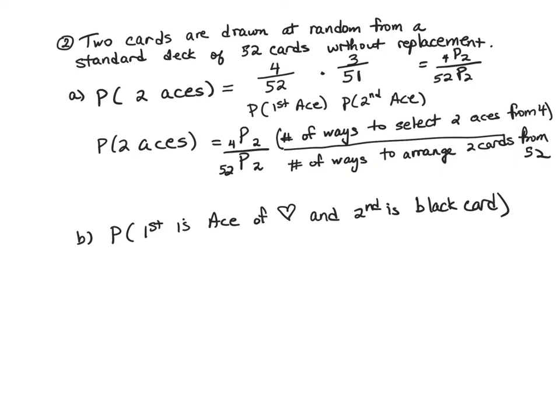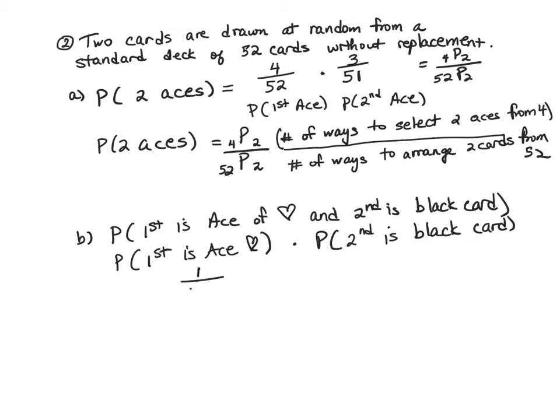Now, the probability that the first card is the ace of hearts and the second is a black card in that order, we have to get the probability that the first is the ace of hearts times the probability that the second is a black card. So we think of these as 2 different experiments. So the probability that the first is the ace of hearts, well, that's really specific. There's only one way to get that.